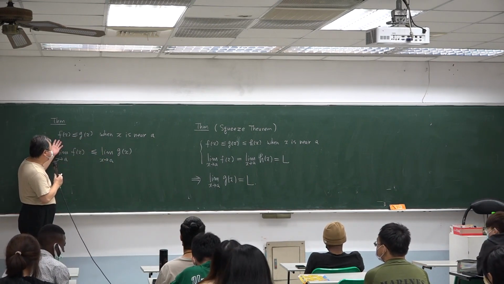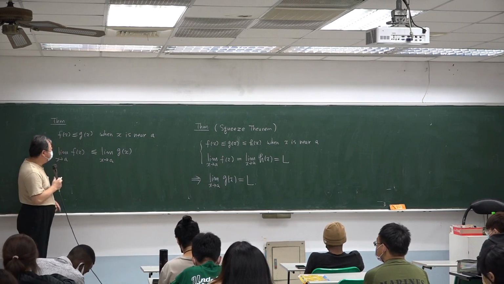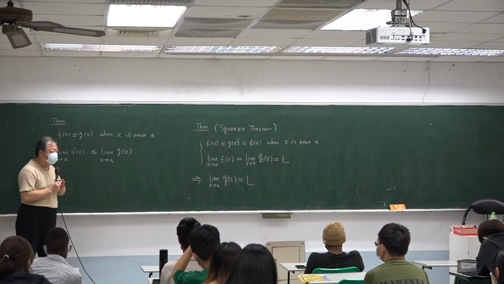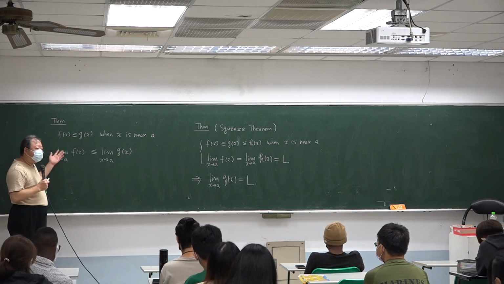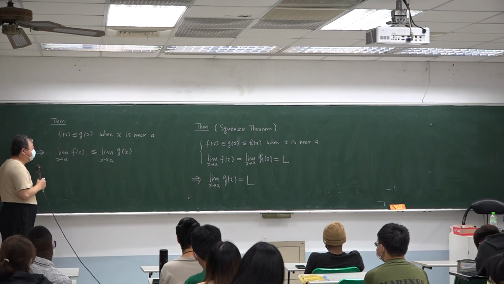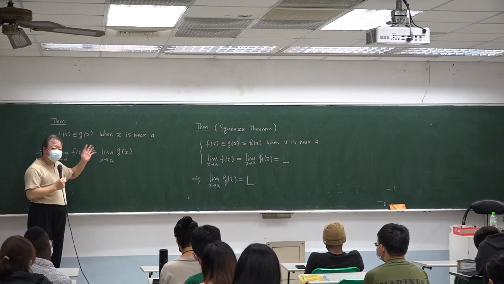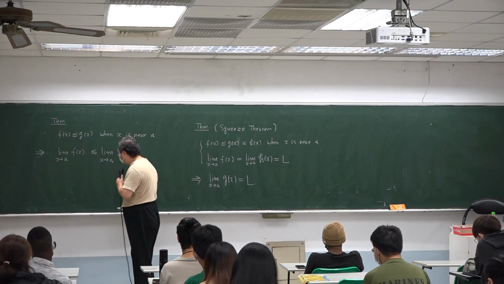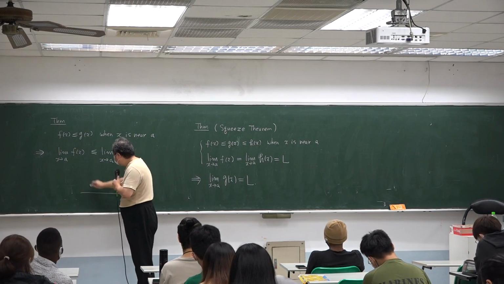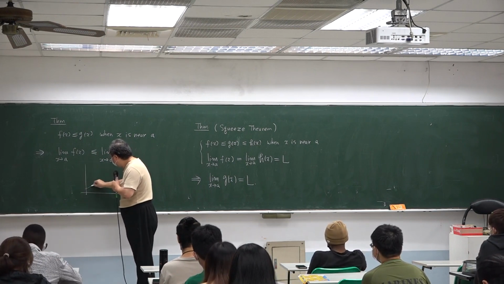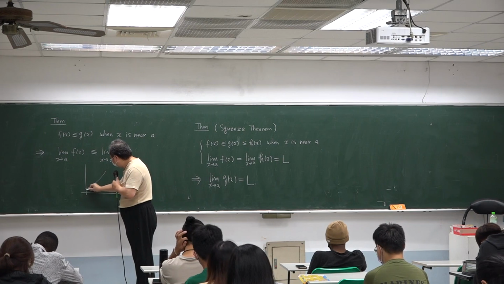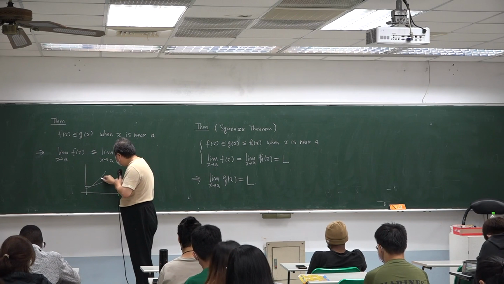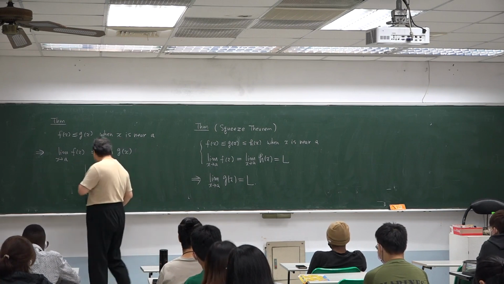Here, suppose we have two functions f and g, and when x is near a, since we are talking about limit, a should be ignored. Suppose a is here.